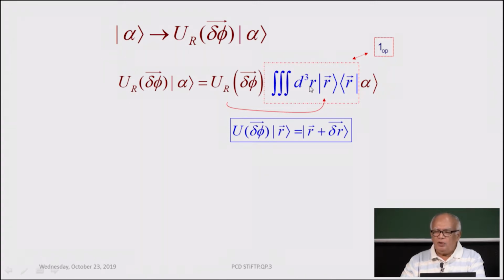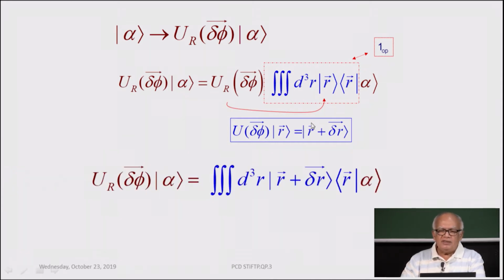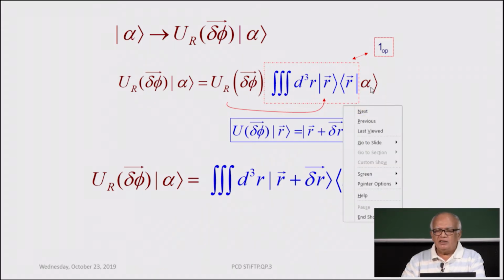We insert a unit operator, which we can always do. This is the resolution of the unity, and you can see that this rotation operator will turn the coordinate r to r plus delta r. This is just a scalar, so the rotation operator is not going to do anything to it, it is just a complex number.